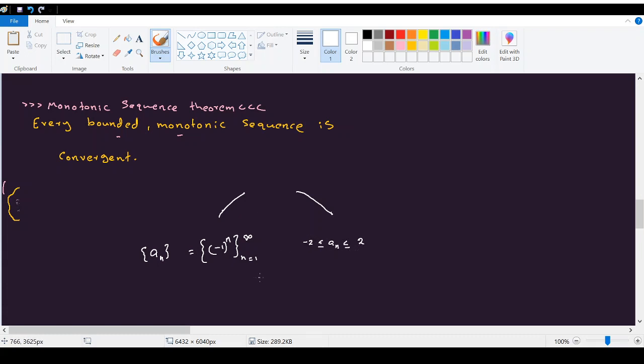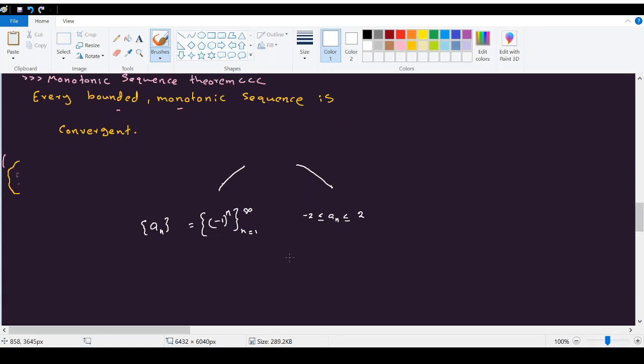That means the sequence is bounded, but it is not monotonic, right? Because it interchanges between -1 and +1 all the time.